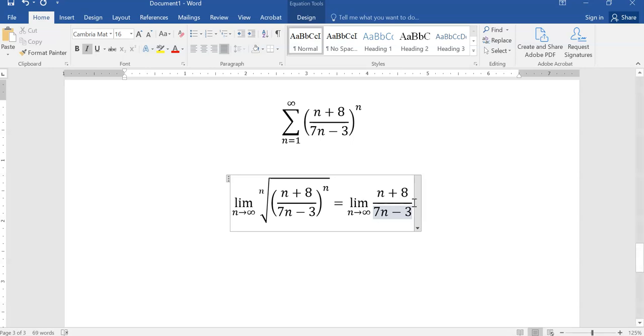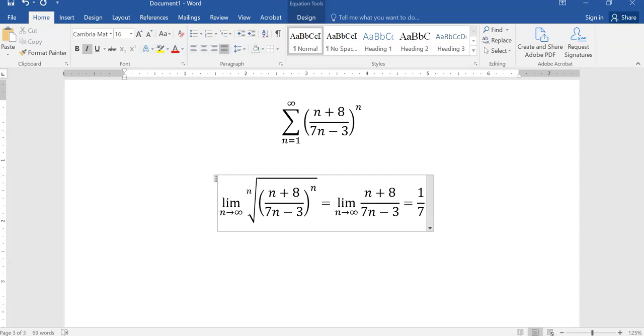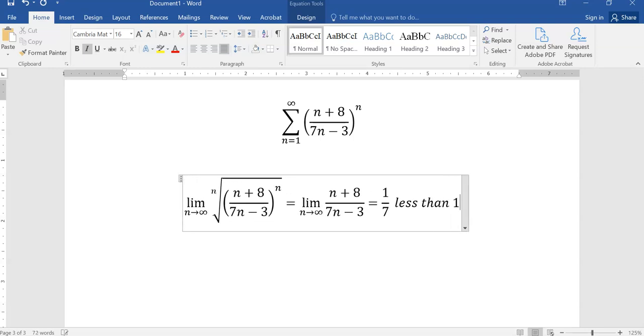As n goes to infinity, n over n, we just take off the coefficients. That becomes 1/7. Obviously, 1/7 is less than 1. So this infinite series has to converge absolutely.